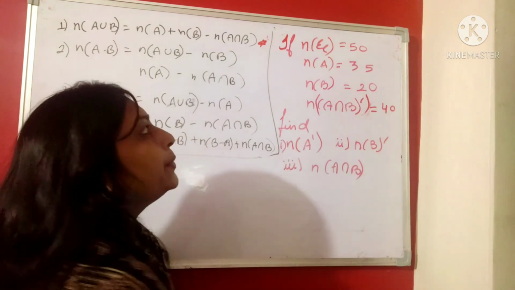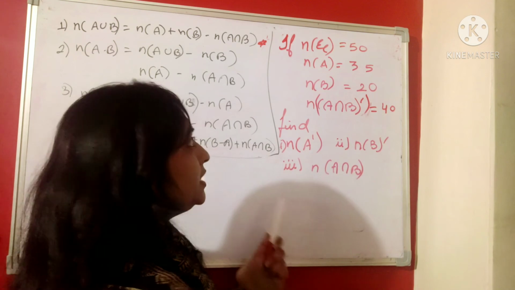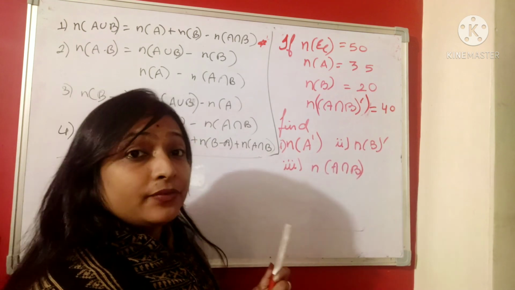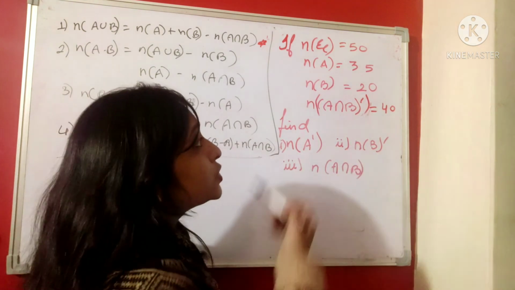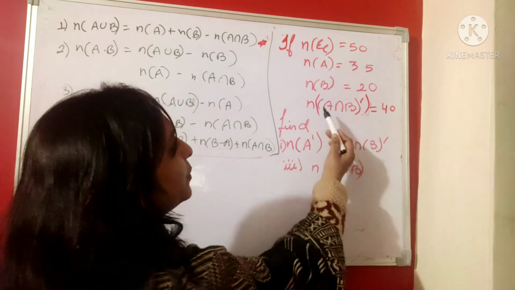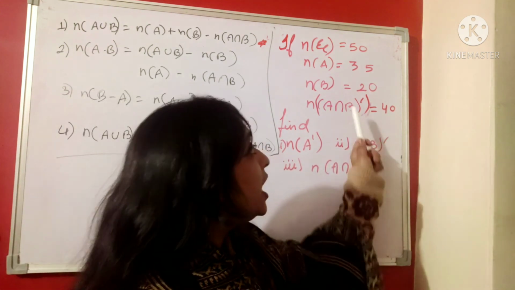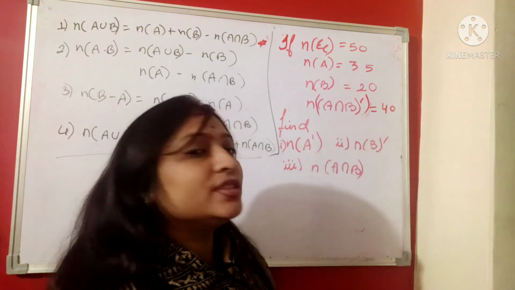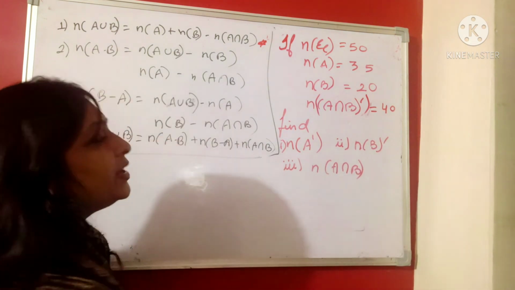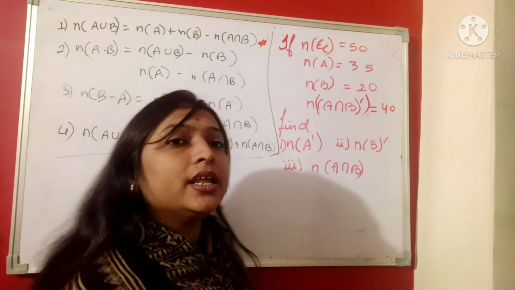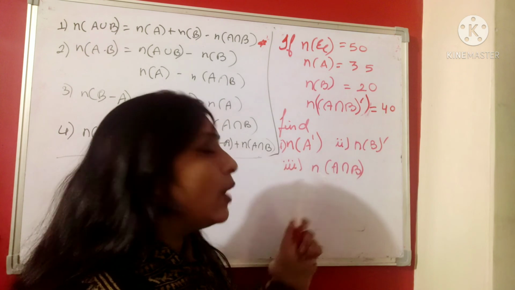Right. Cardinal number of the universal set is 50, cardinal number of A is 35, cardinal number of B is 20, and cardinal number of A intersection B complement is 40. What do we have to find? We have to find the cardinal number of A complement. Now how to do this?